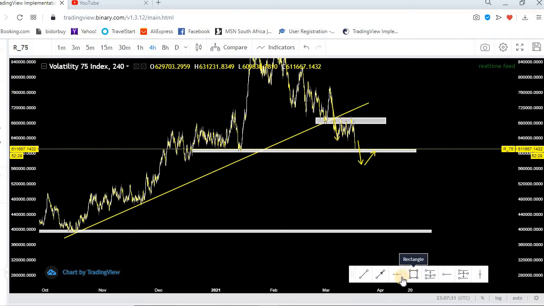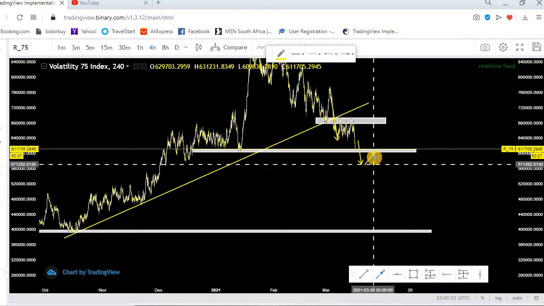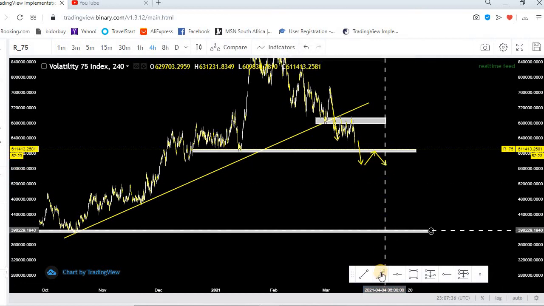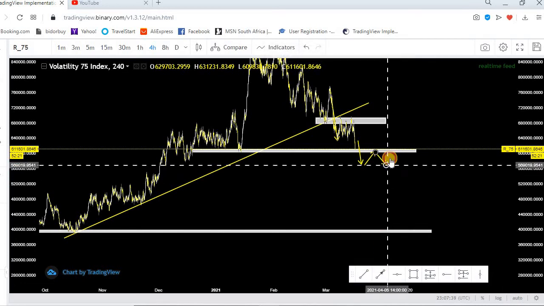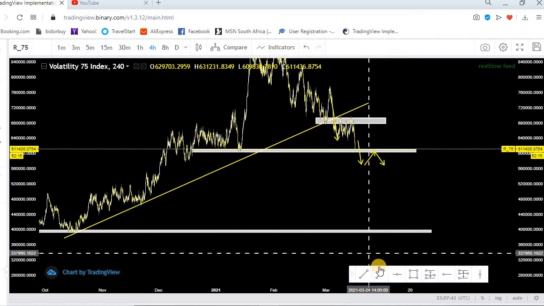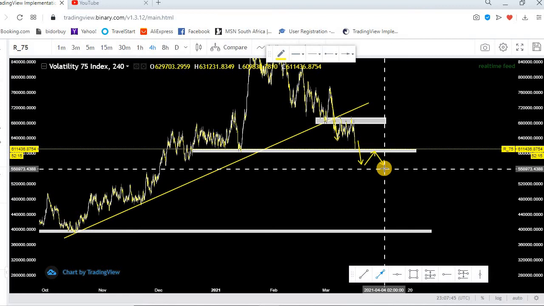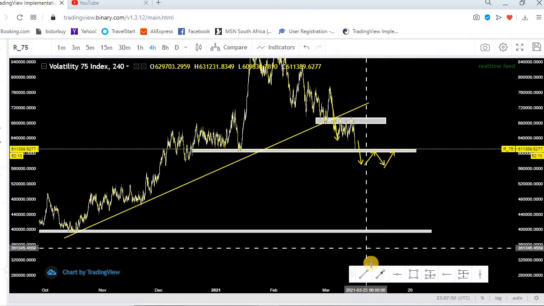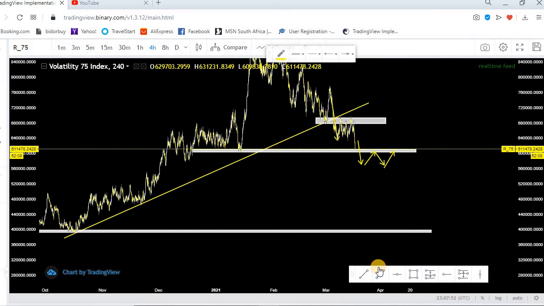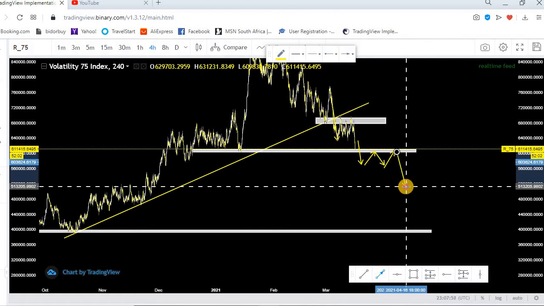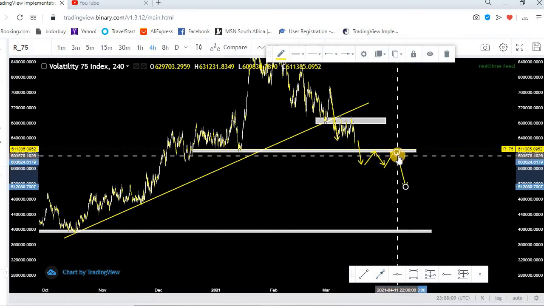The pullback must be at least, even if it does something like this, comes down here again, goes up again to retest that support area, turning it into resistance again, it will be giving us more confirmation, which is an M formation or a double top formation here.